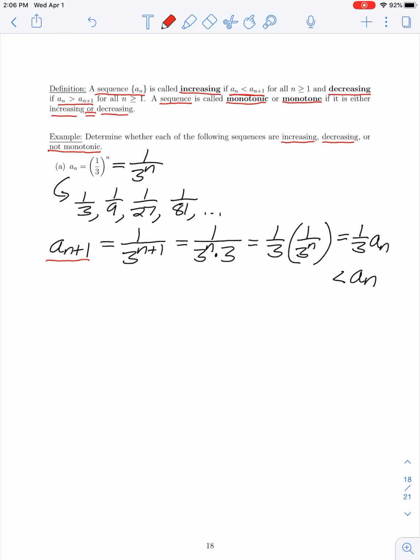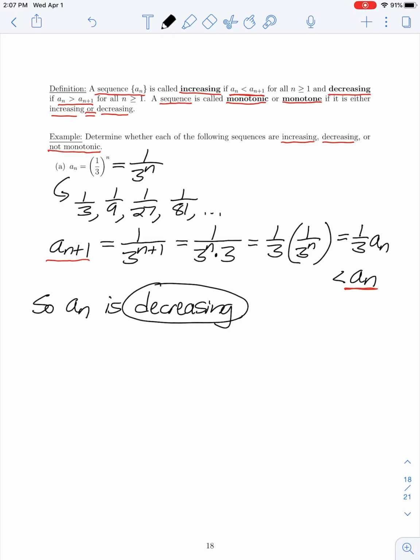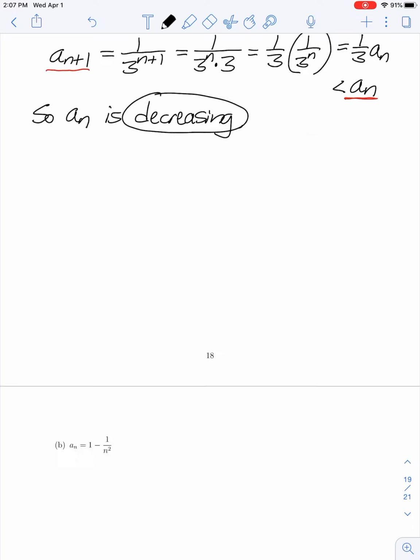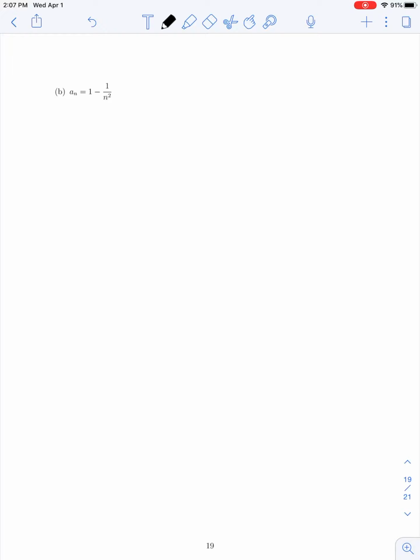Now we know that 1/3 of a sub n is certainly less than 1 times a sub n. So we've established that a sub n plus 1 will be less than a sub n no matter what the value of n. And that is exactly the definition of a decreasing sequence. So here a sub n is decreasing.